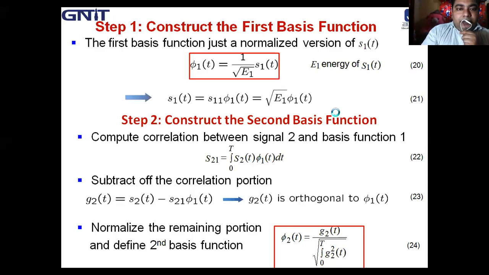Now we are ready to define the second basis function, phi_2(t), equal to g_2(t) in the numerator, and in the denominator the square root of the integral from 0 to T of g_2 squared (t) dt, which represents the energy. In that way we can represent the second basis function.